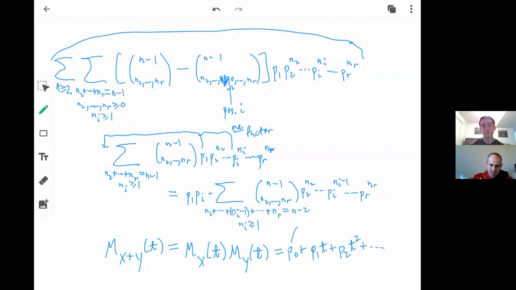So what do I mean by p0? That is the probability of x plus y equaling 0, correct? Okay. Sorry, this shouldn't be t in here. What should this be?